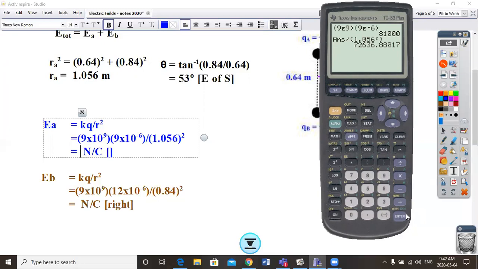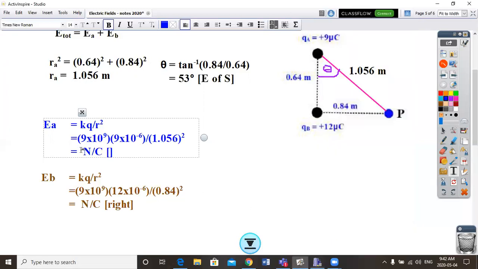You get 72,637 newtons per coulomb. And the direction will be 53 degrees east of south, because it's positive and it's going to be directed downwards. So it's going to be that direction.